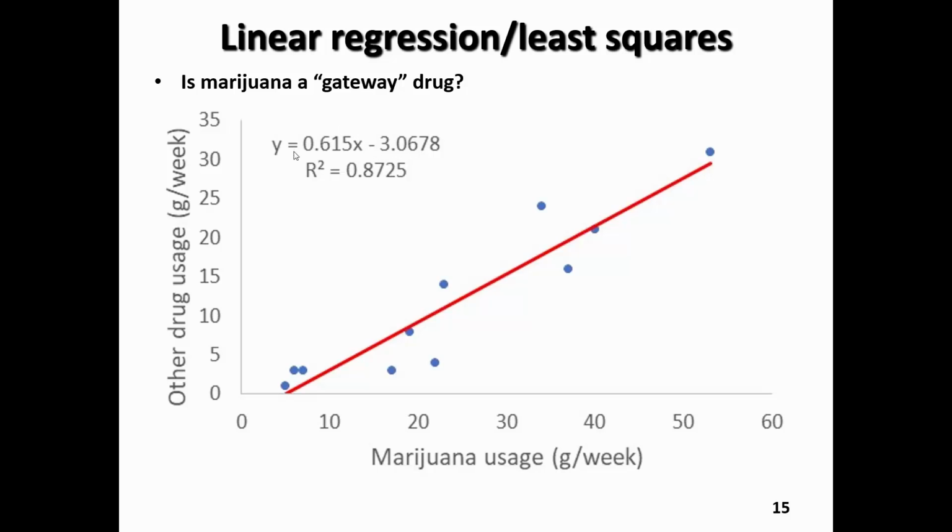Note that the slope here is the parameter always paired with the predictor variable x, and the slope rises at a rate of 0.615 grams per week of other drugs per gram of marijuana usage.